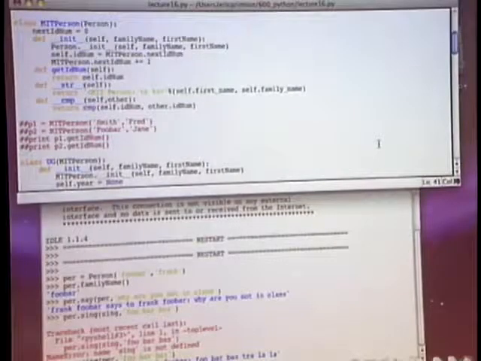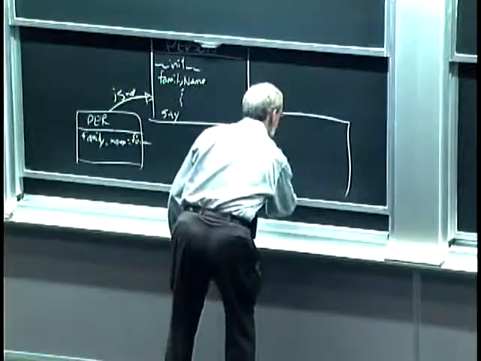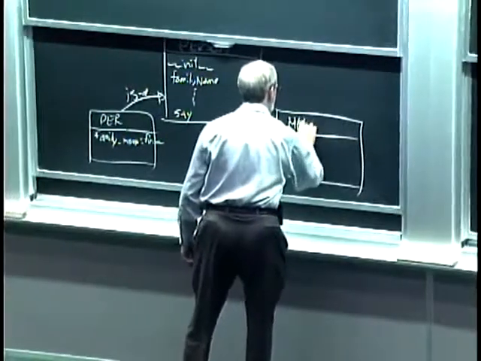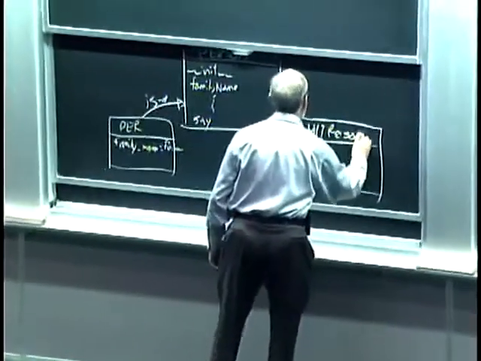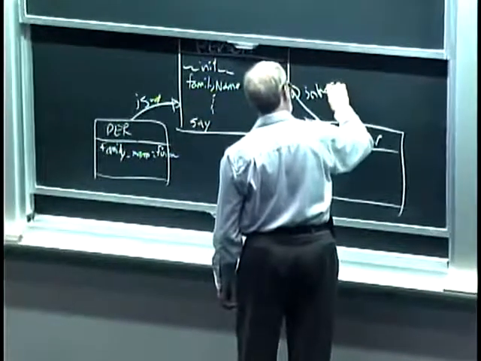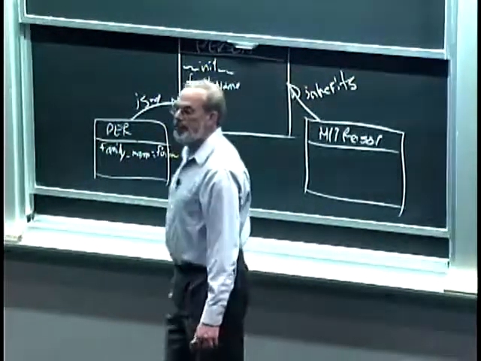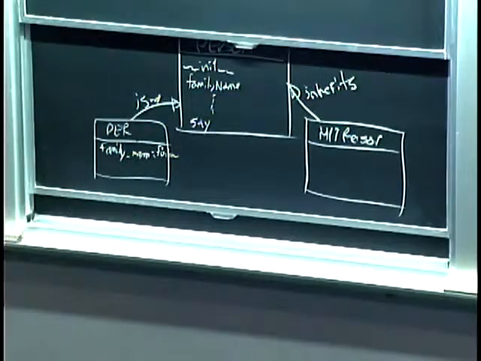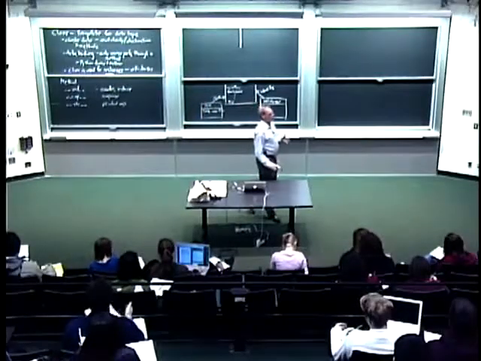Let's look at the code for a second. Aha, notice what this says. MIT person says it inherits from person. That's the first thing in parens up there. It says, class of MIT person is person. What that is saying is that this is a specialization of the person class.